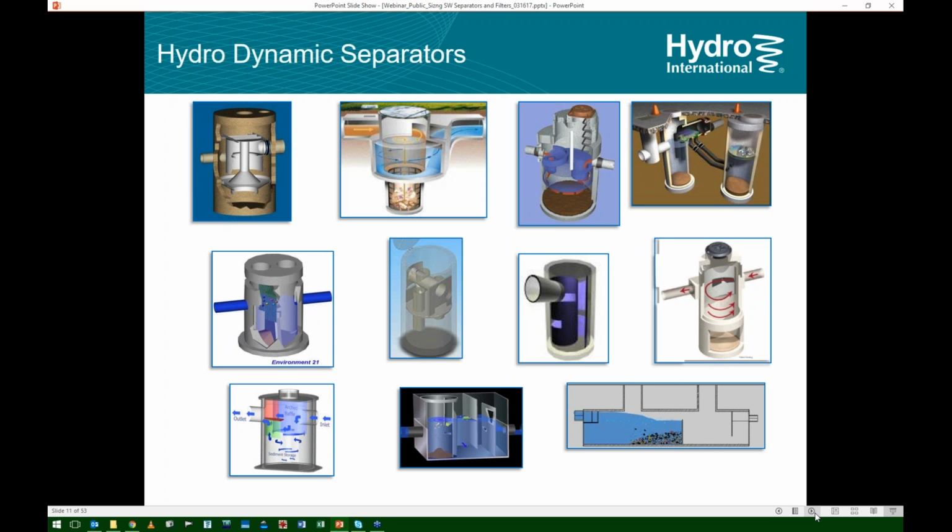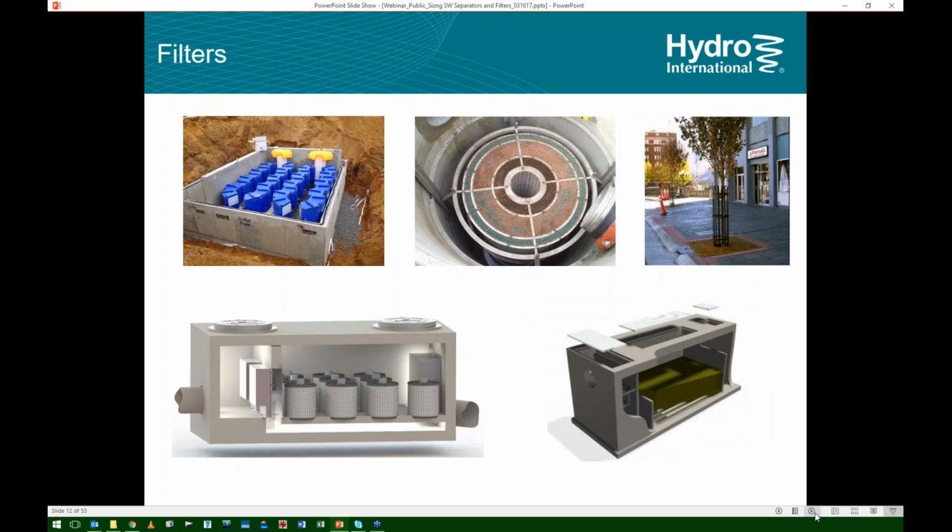And when it comes to hydrodynamic separators, there's a lot to choose from out there, and a growing number of different options. So it's not like you don't have options. There are many options. And again, with filters as well, the number of filters coming on the market is increasing as well. So you see lots of different options on filters.